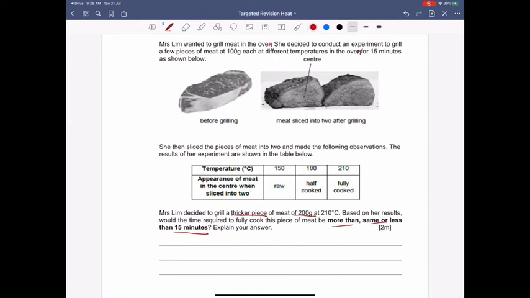Explain your answer. So in this case, it's obviously a data question. So you're going to have to provide evidence as to why the meat would actually require more than or less than 15 minutes. So if you take a look at it, they're referring to 210, correct? So this is 210.